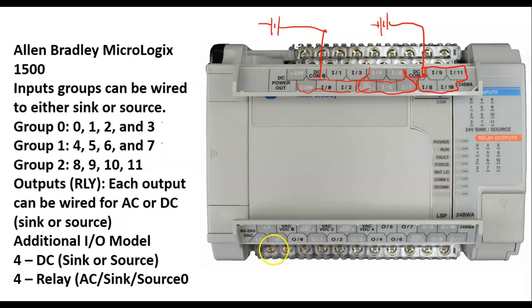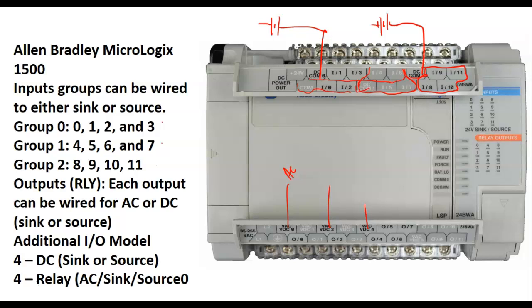The output is what we call a relay output. So with a relay output, we see right here it says volts AC, volts DC, AC, volts DC, AC. What it means on this one is since it's got a relay, then we can make these AC. By the way, sinking and sourcing only applies to DC because AC technically has no polarity.